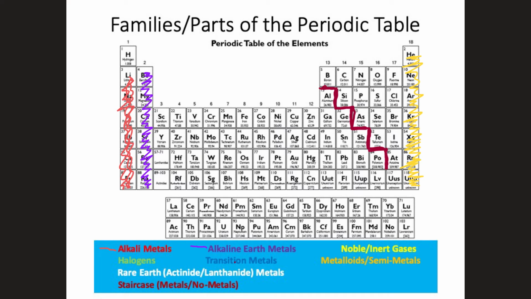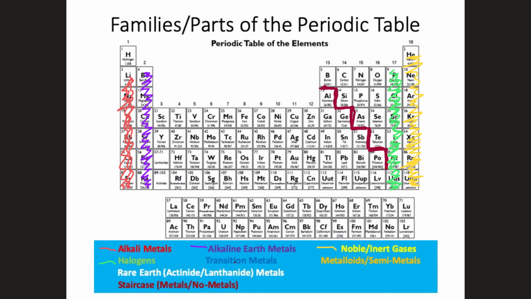So those are my noble inert gases. The halogens, salt formers, are group 17, and those are all these elements right here. Right, so those are the halogens, and then these were the noble gases.